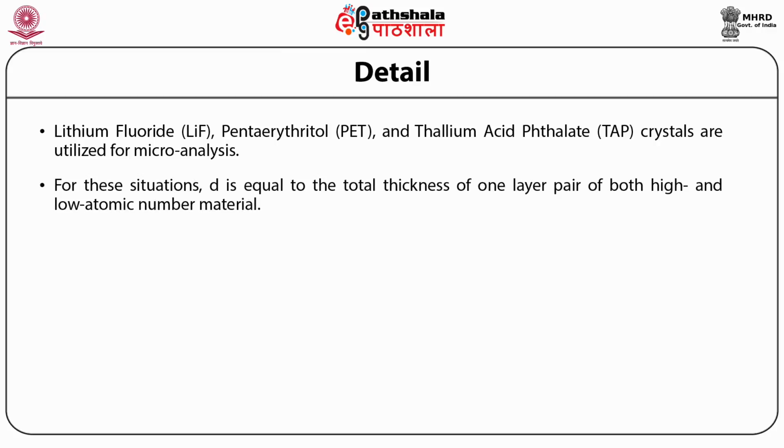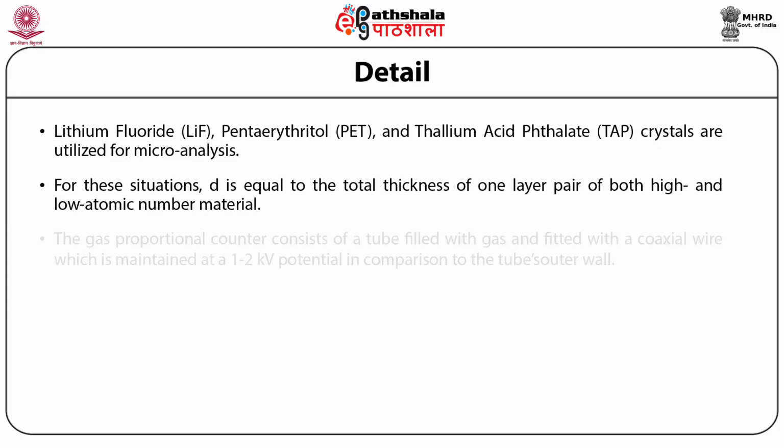For longer wavelengths, layered synthetic multistructures comprising numerous alternating sheets of high and low atomic number materials such as tungsten/silicon, nickel/carbon, and molybdenum/boron carbide are used. For these situations, d is equal to the total thickness of one layer pair of both high and low atomic number material.